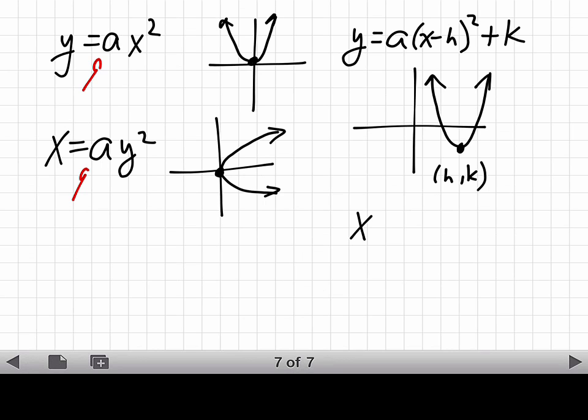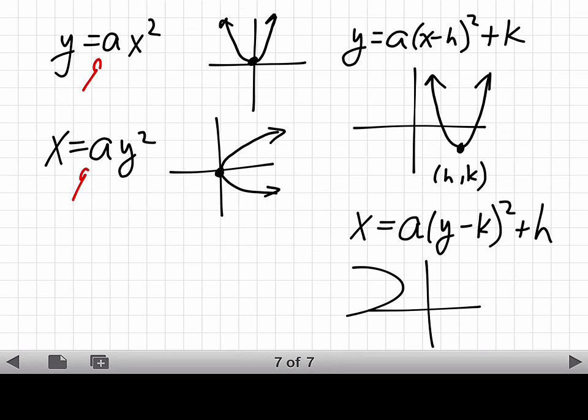The equation of a horizontally oriented parabola with vertex not at the origin is x equals a times the quantity y minus k squared plus h. That would again open left or right. If a is negative, opening to the left. If a is positive, opening to the right. The vertex is still at (h, k), and notice that k is with y, h is the other guy. For the vertically oriented parabola, h is with x, k is the other guy.